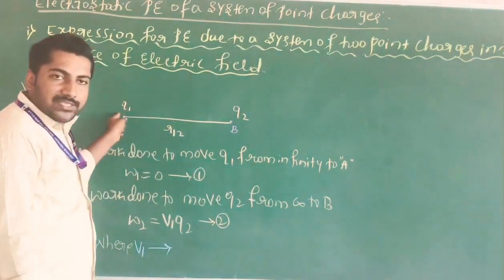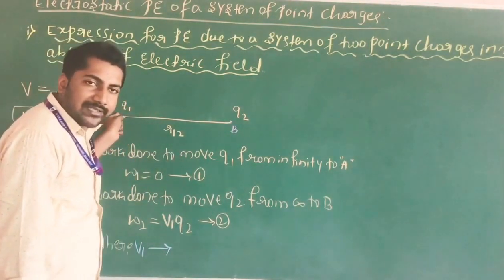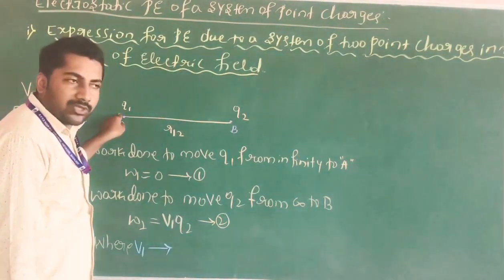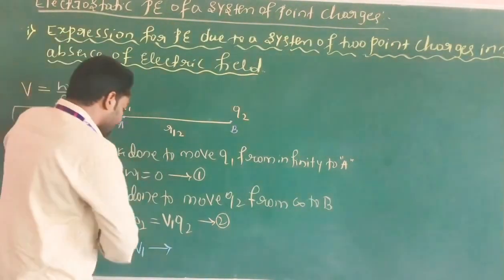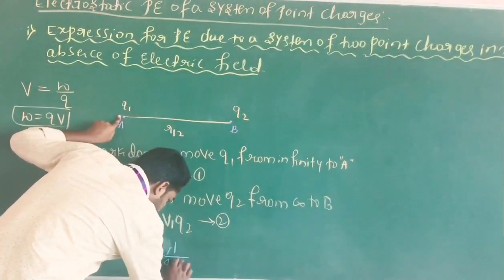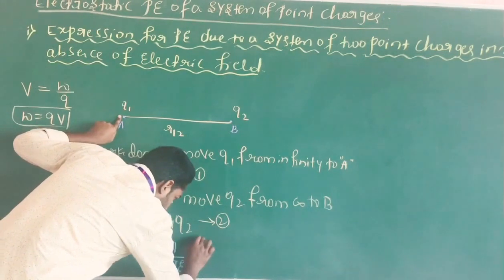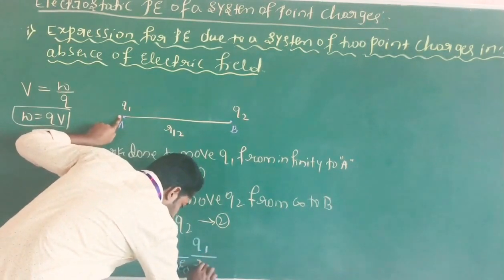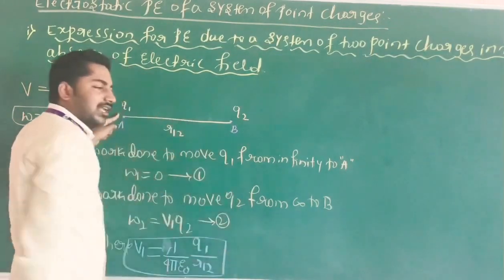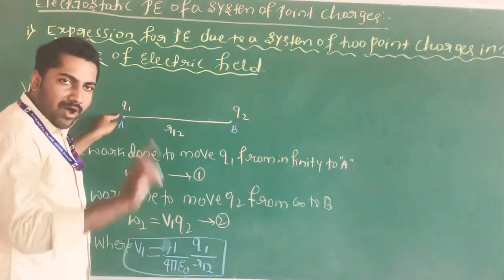We know the simple equation for electric potential due to a point charge: V1 is equal to 1 divided by 4 pi epsilon naught, Q1 divided by R12.